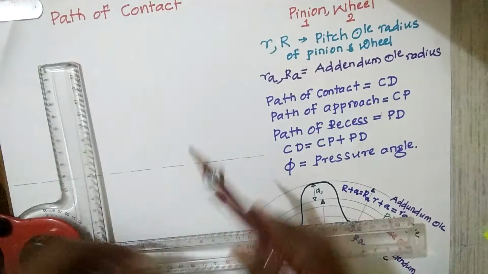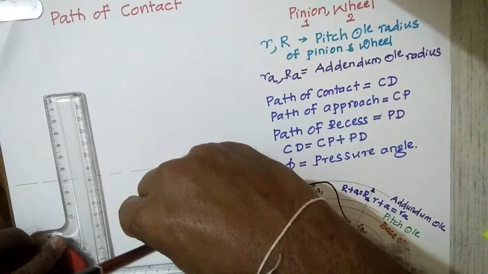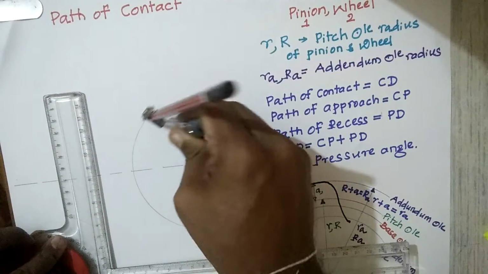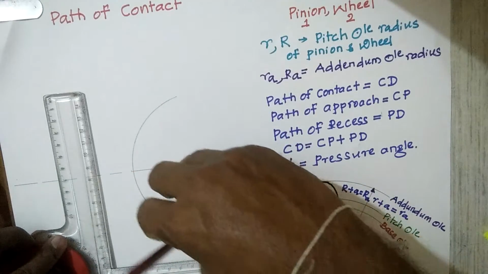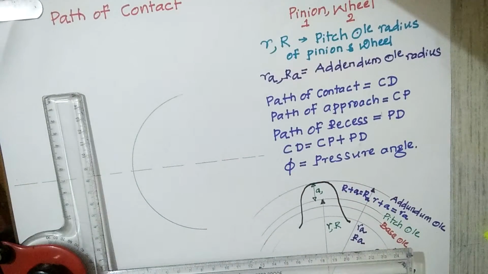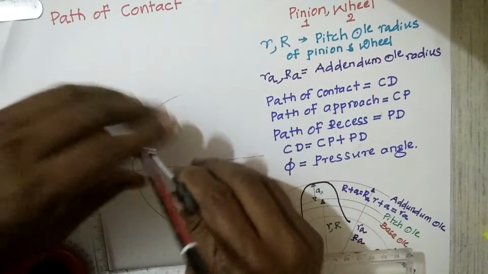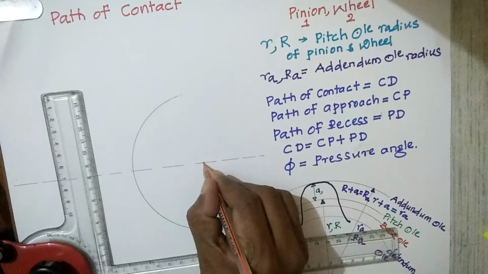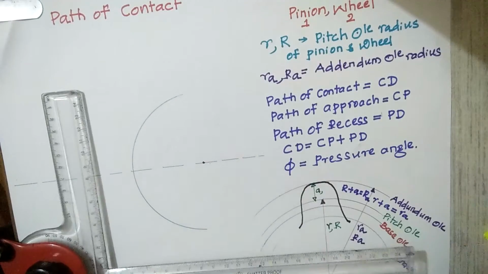This is the pitch circle radius of the pinion. Here is the center, which I will represent as A.